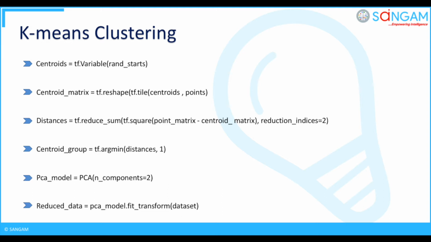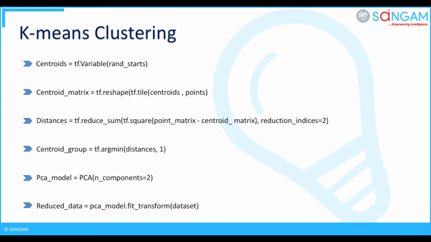Here, rand_starts is used to select random data points from the given data points for each group, and this group number can be set manually. Next, the function shown in TensorFlow is to create the centroid matrix, where we expand the centroids into the matrix, which further is used to calculate the distance between each centroid and the data points of the groups.